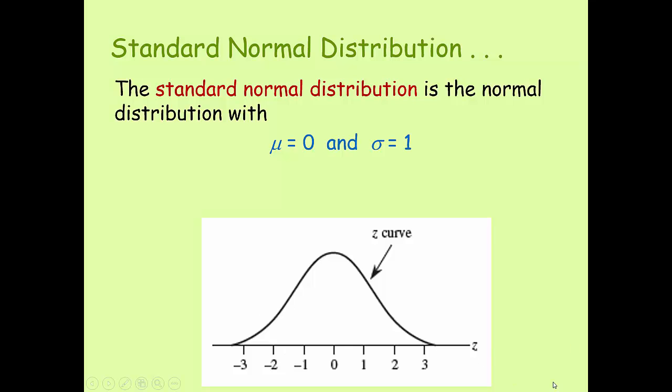As you can see, they're going to be different means, so we need a way to standardize this so we don't have to keep using different formulas. We're going to end up using a table to look up probabilities.